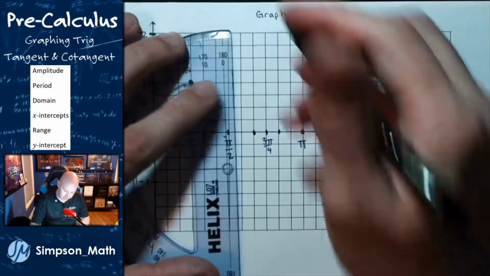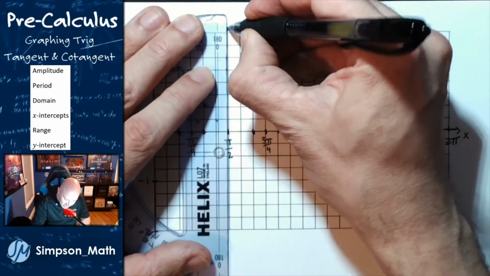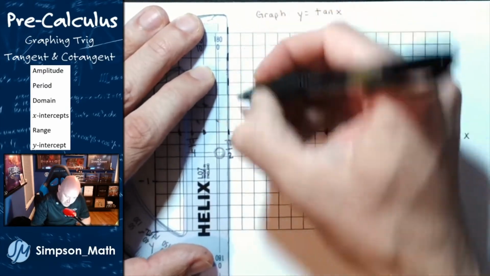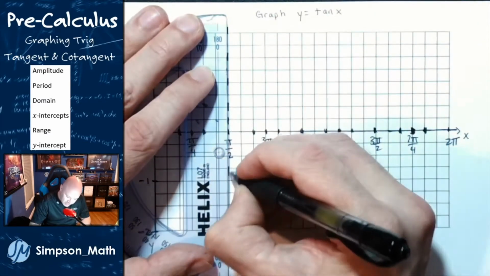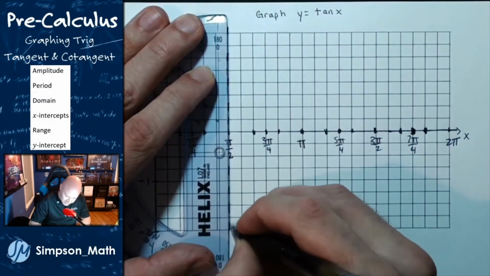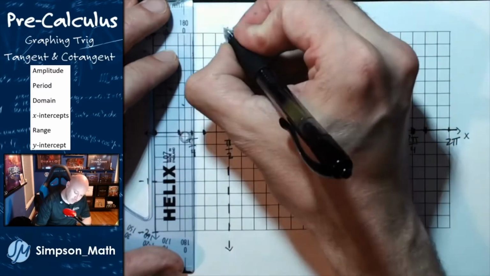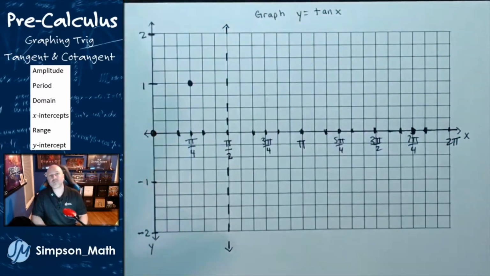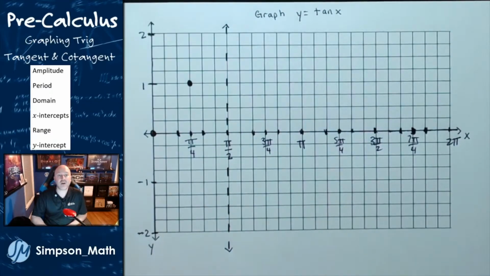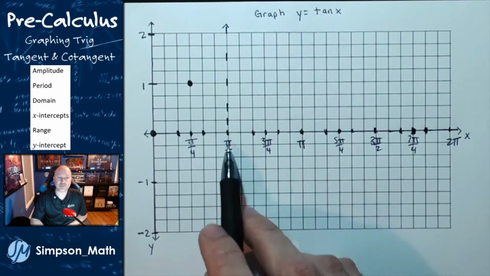An asymptote. Tangent is undefined at pi halves. That's because we're taking 1 and trying to divide by 0. By the definition, the y value of 1 over the x value of 0 doesn't quite work out, so it's undefined on the unit circle. Graphically, that means we've got an asymptote at x equals pi halves.